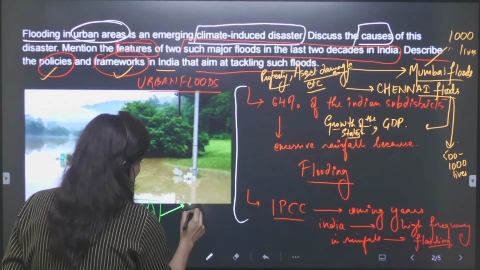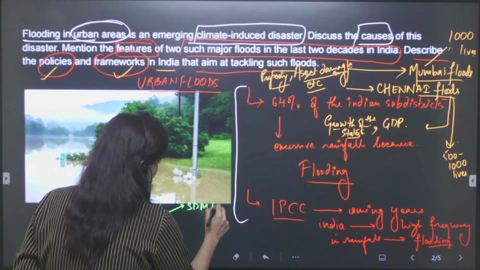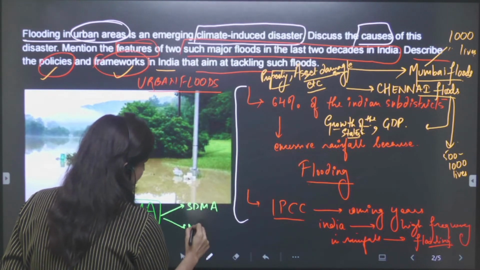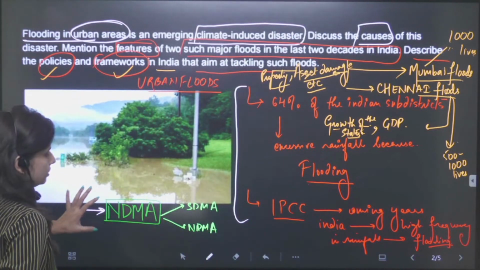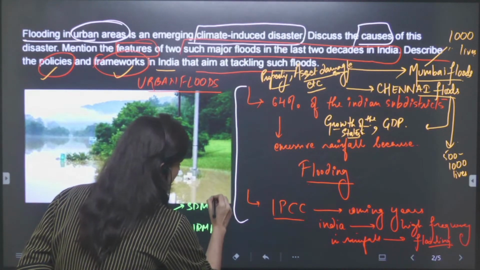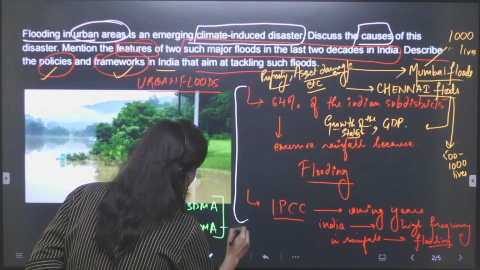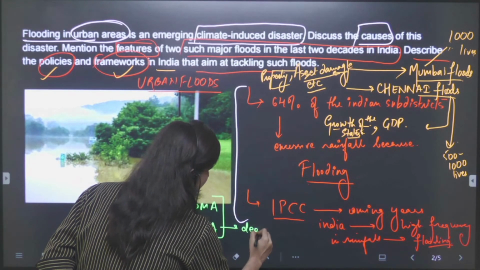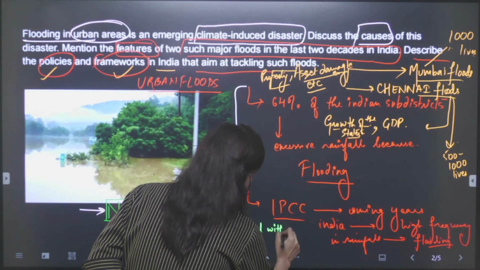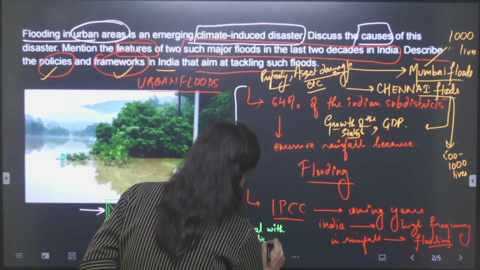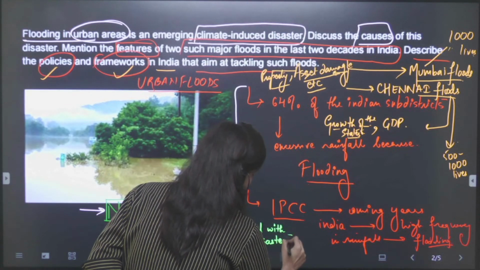Having State Disaster Management Authorities and the National Disaster Management Authority. Now, this Disaster Management Act is talking about how to deal with the disaster. That means, in this case, the floods.